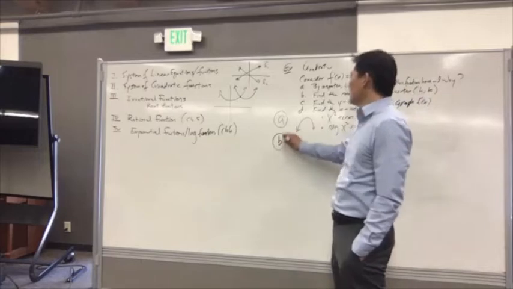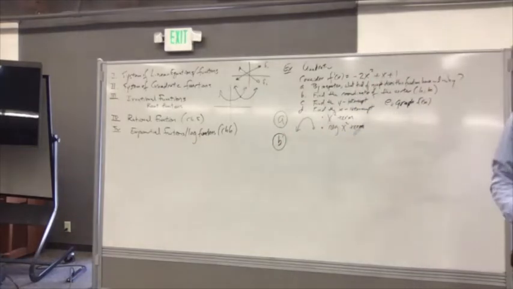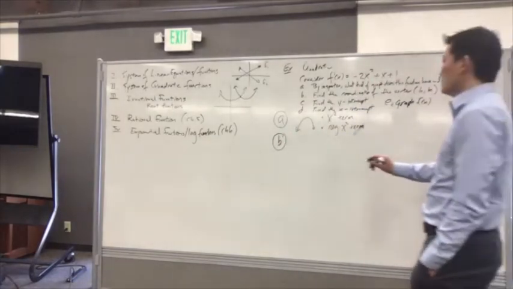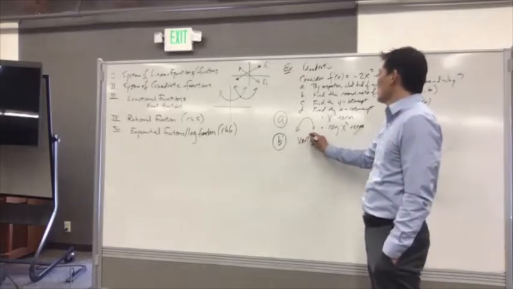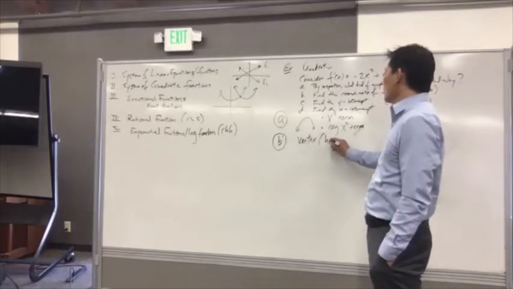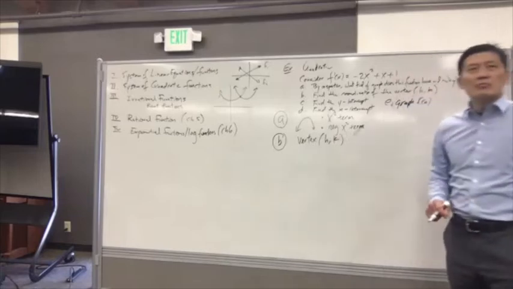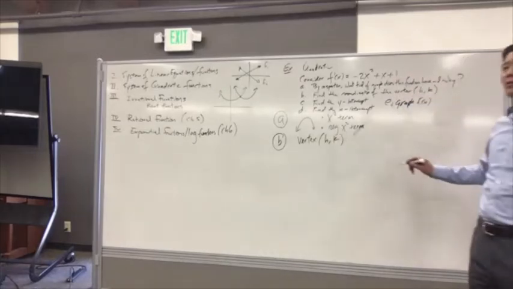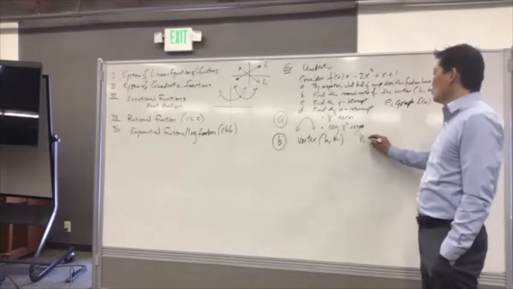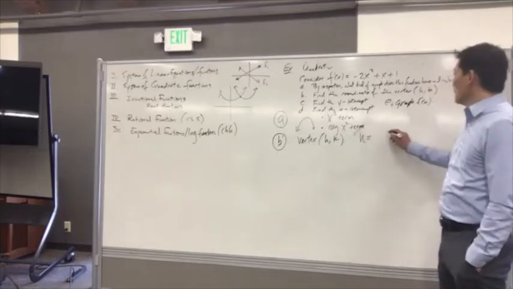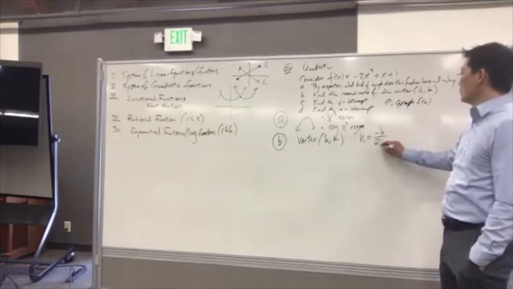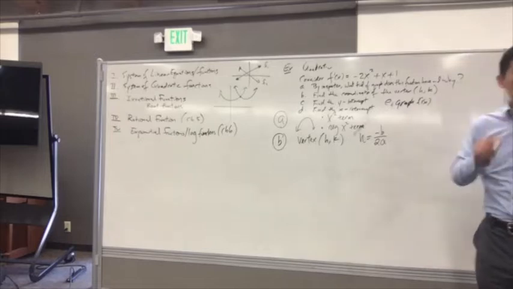B. Now vertex, H and K. If you remember, vertex H is equal to negative b over 2a.